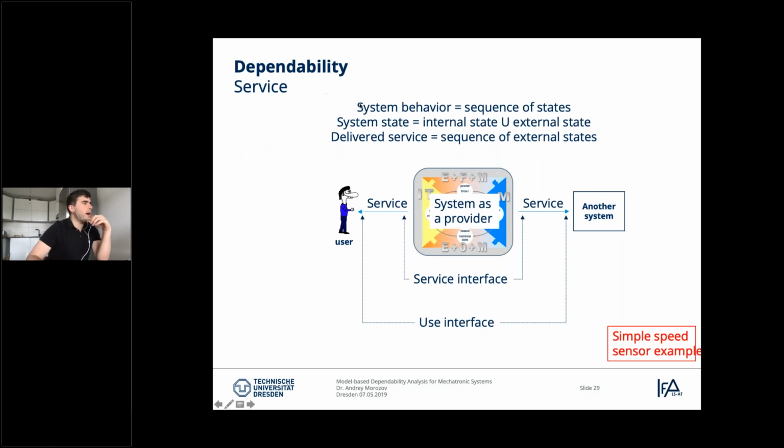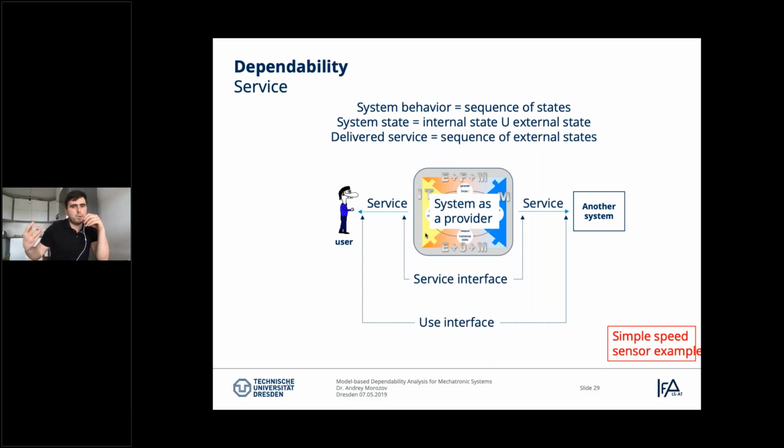So we can define the system behavior as a sequence of states. We can describe the system using some variables. For example, inside the system we get some measurements that come from the sensors on our wheels, and these are the number of wheel rotations per second.